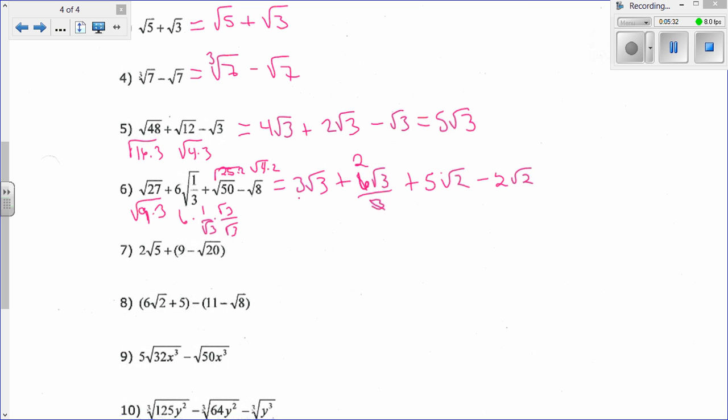So now I have 3 radical 3 plus 2 radical 3's. So I would get 5 radical 3. Plus 5 radical 2 minus 2 radical 2. 5 minus 2 is 3 radical 2's. So that's my final answer there.